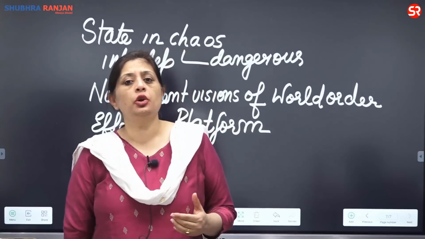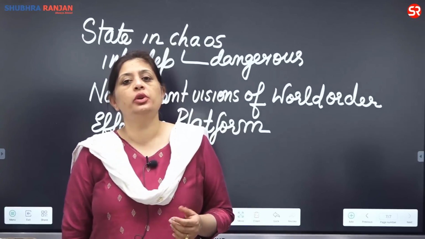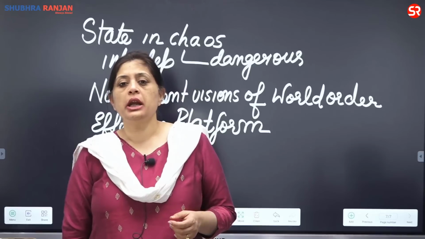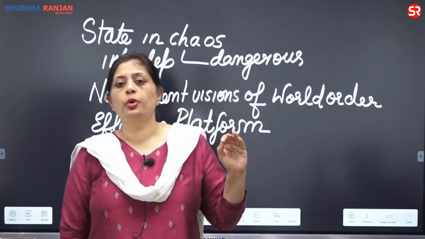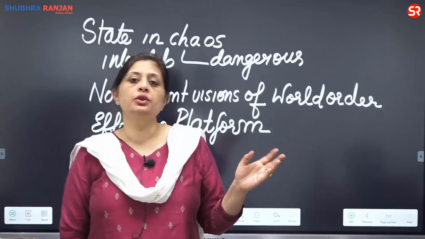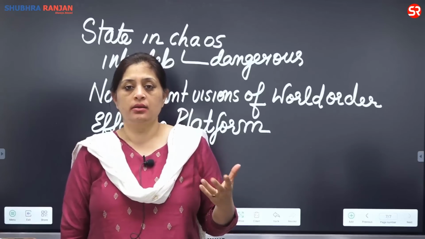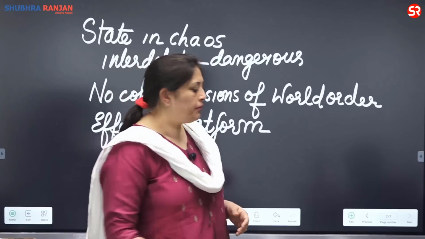So when we talk about the changing international political order, we have to take some point as a reference point with respect to which we can understand how things are changing. Fine.